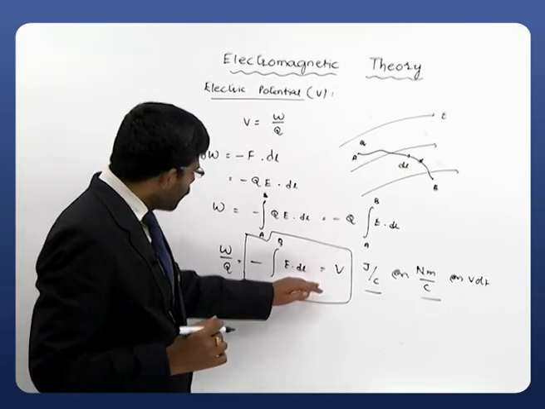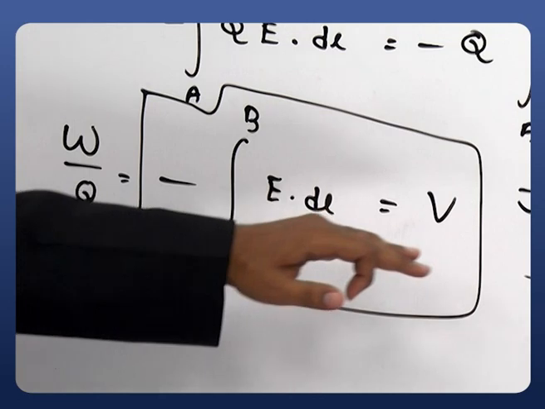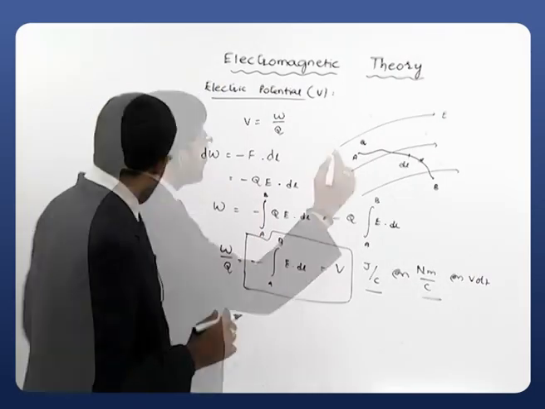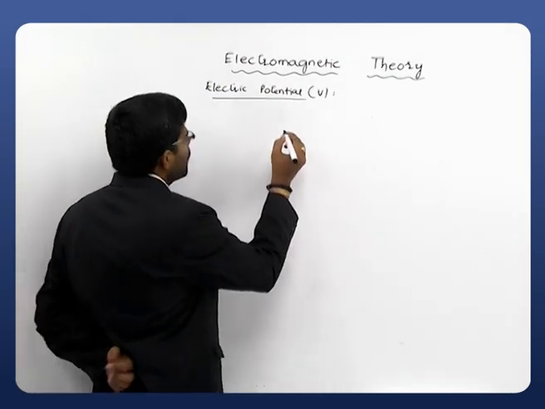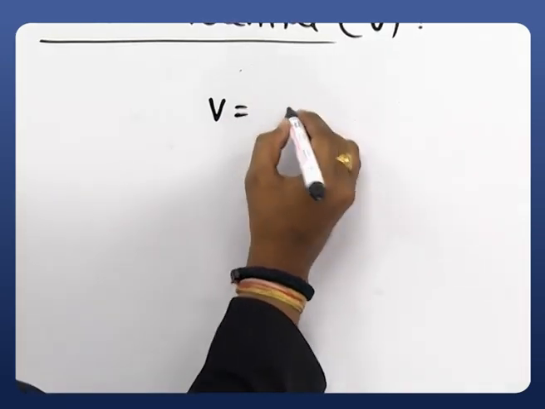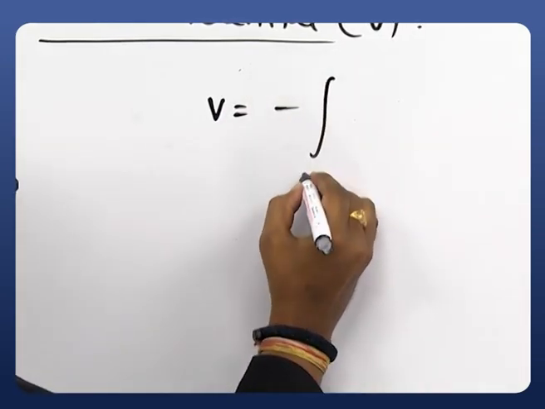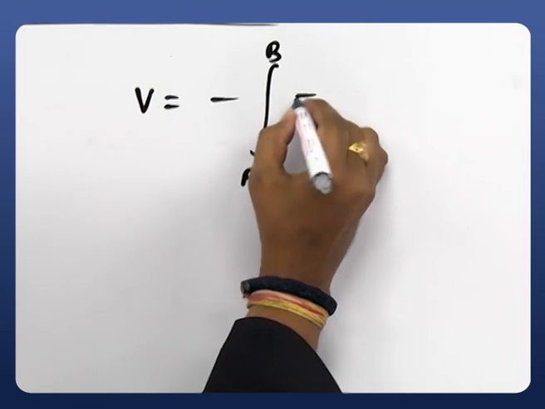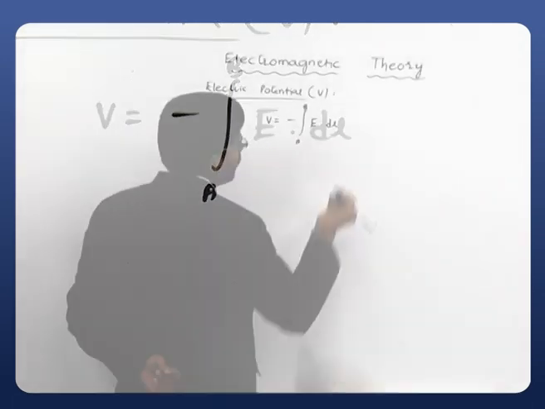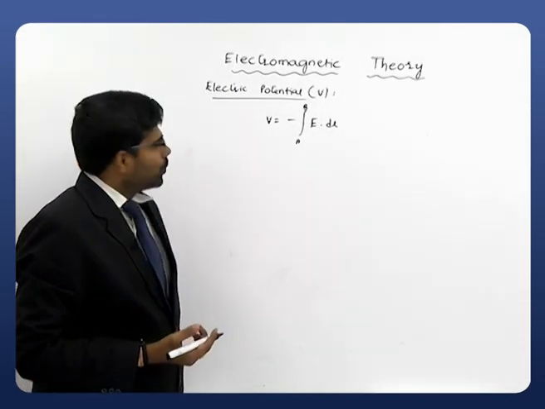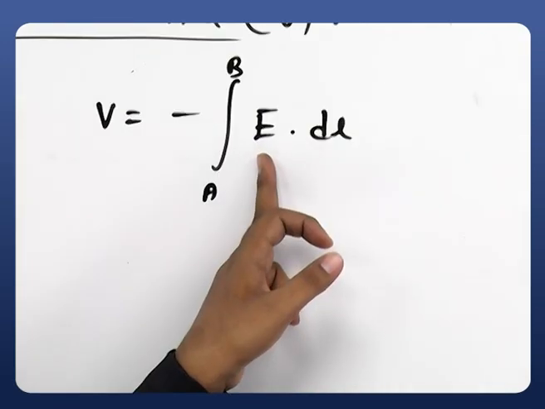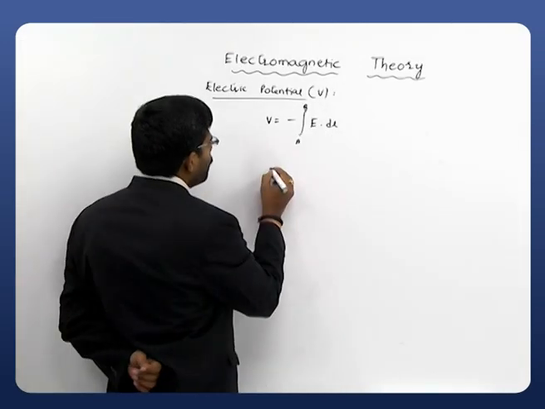Right now we will discuss only this particular relation. Just now we obtained the relation between V and E as V equals minus the line integral from point A to B of E dl. Now replace the equation of E here.